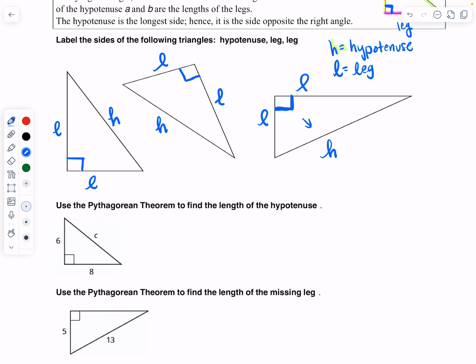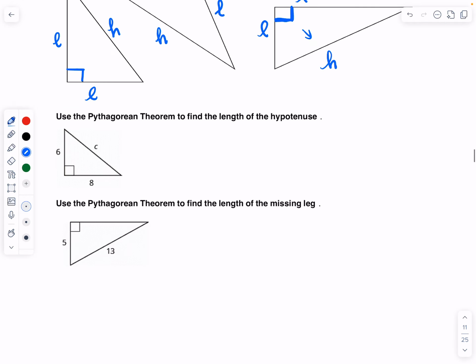Okay? Use the Pythagorean theorem to find the length of the hypotenuse. Remember that the Pythagorean theorem says we have a squared plus b squared equals c squared. So again, the legs a and b are going to be set equal to c. I'm going to let a equal 6, so I'm going to put 6 in there for a.